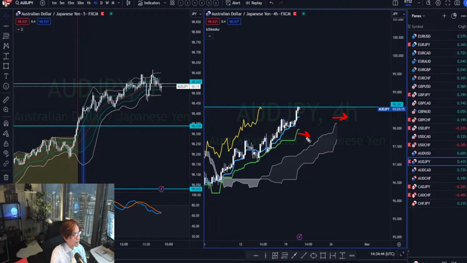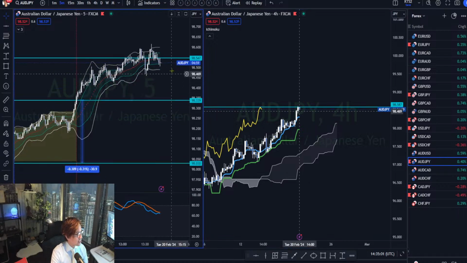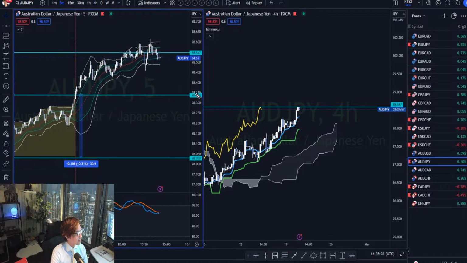So that means the chance for the market to go up or down becomes 50-50, and I'm monitoring the chart based on the 5-minute to look for exit timing to take profit. I took the trade at 98.33 or 34, and my stop loss was 31 pips below, which is 98.03.